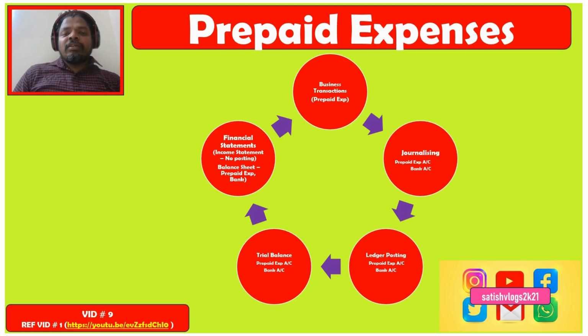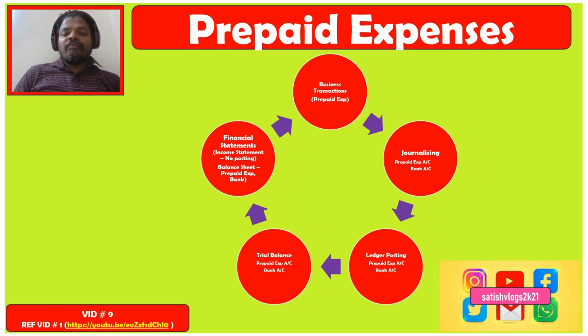We have posted two entries as part of the journalizing phase, right? One is the prepaid expense account and the other is the bank account. So we would be creating the ledger accounts for these two accounts and the entries would be posted accordingly.